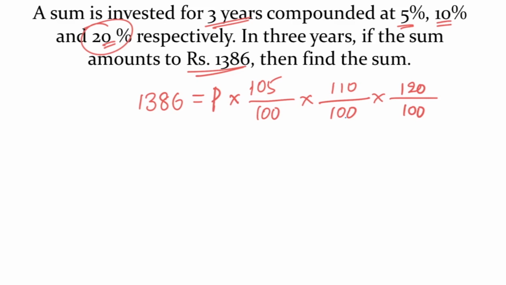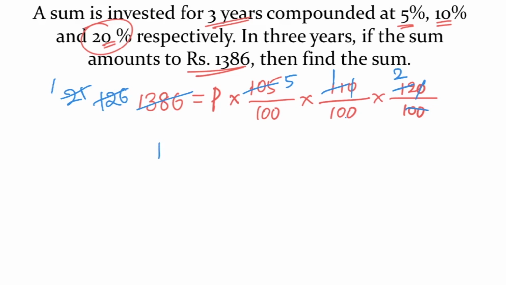Now 2 zeros cancel. 11 ones, 11, 2 times 66, 11 6 times 126. 6 2 times 12, 6 2 times, 6 ones, 21 times. 21 ones, 21 5 times 105.